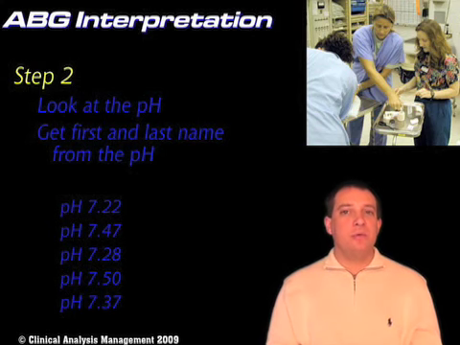Now let's look at 7.47. First name would be uncompensated because it's not between 7.35 and 7.45. Last name would be alkalosis because it's greater than 7.4. So this would be an uncompensated alkalosis. What about 7.28? First name would be uncompensated because it's not between 7.35 and 7.45.